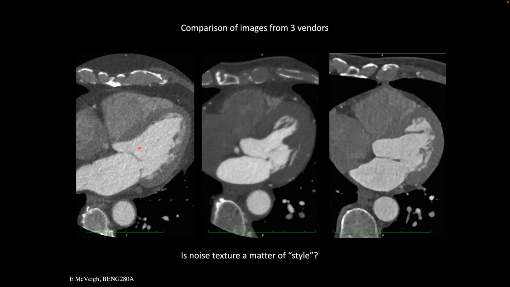Okay, best definition, and that's probably true, right? When you look at this image versus this one, you would wonder what the definition is like in this one because it looks so smooth. It looks soft and smooth. This one looks a little raspy. It's got noise up there for all to see.